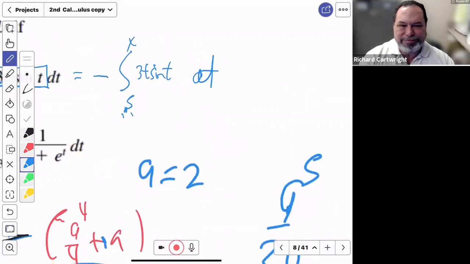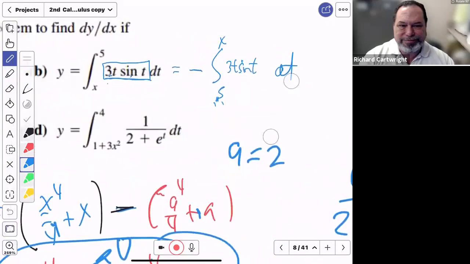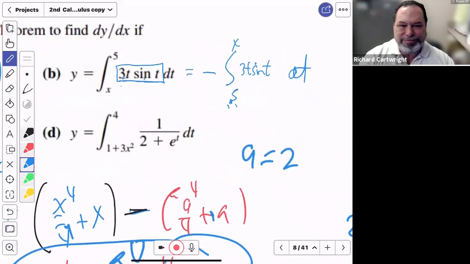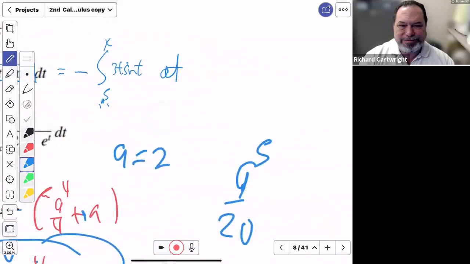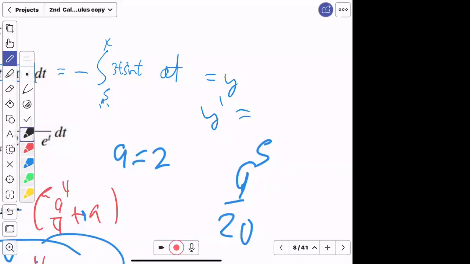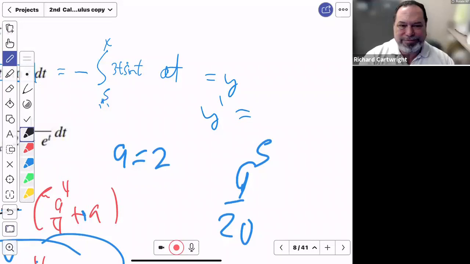So since I can't integrate this anyway, why don't I just, hold on, that's still y, right? That is still y. What is y prime? Really quick. Think of what Hector did.